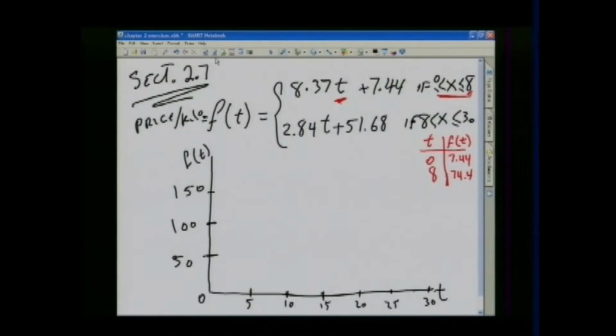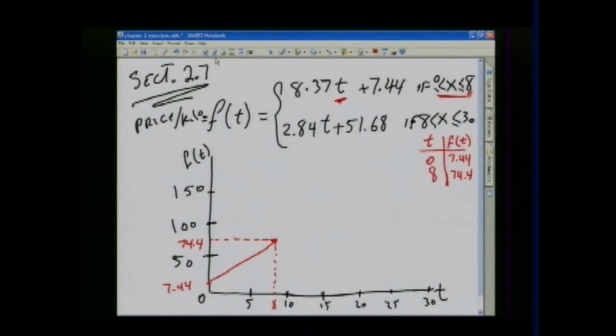For the first part between 0 and 8, you start from right here as the intercept at 7.44, and when it goes to 8, let's say 8 is here, this goes to 74.4.